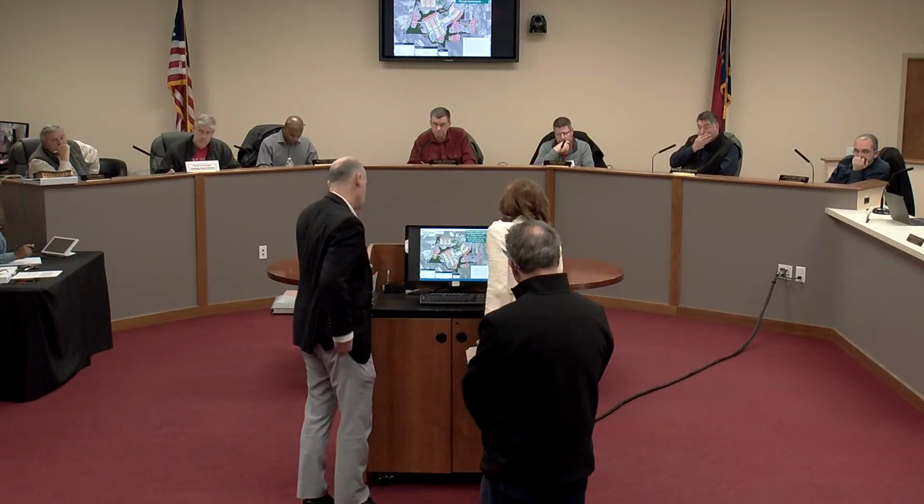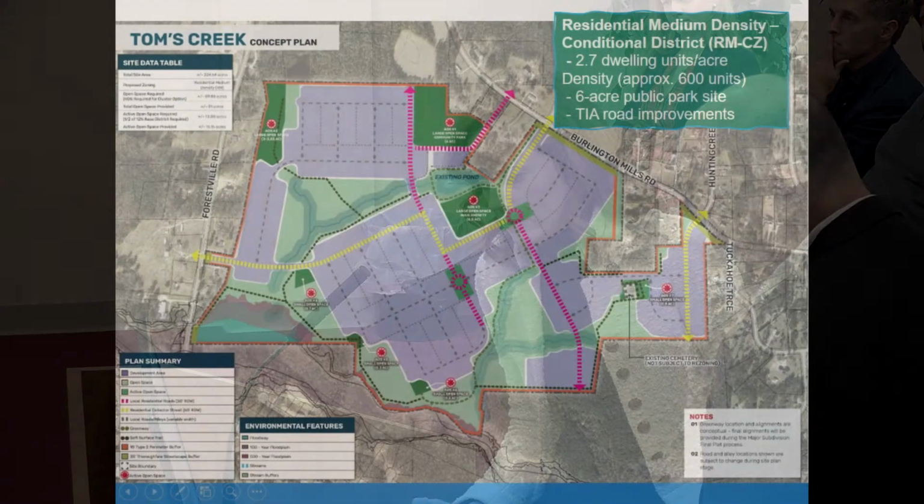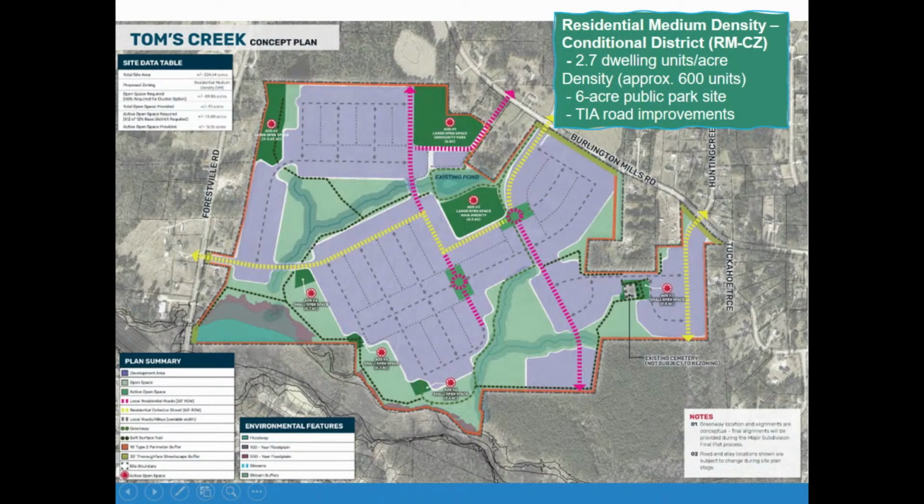So the plan here is what would act as an enforceable zoning condition that shows the connection ultimately out to Forestville Road, which is in keeping with the regional greenway plan.